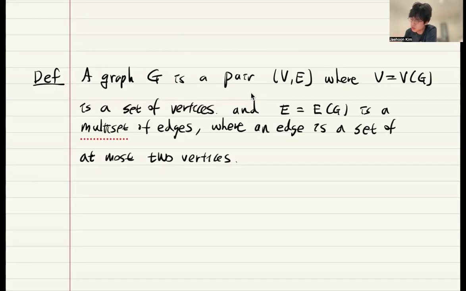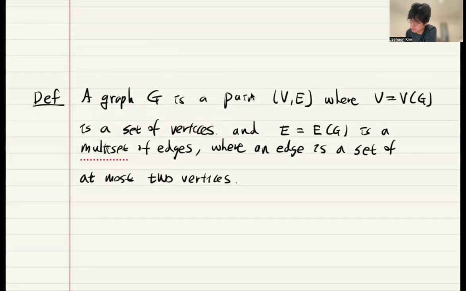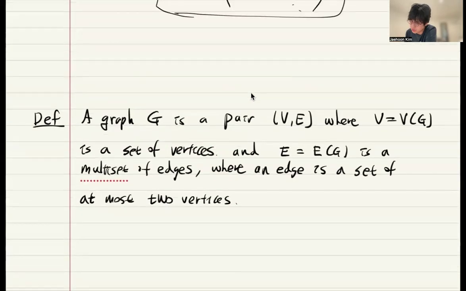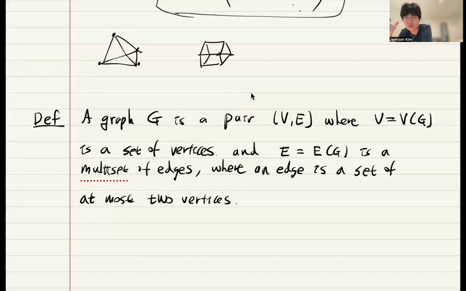So this naming of vertex and edge comes from the usage of graphs. In many cases, we consider things like a tetrahedron or a cube, this kind of polyhedra. When we draw these polyhedra on paper, what we get is a graph, with dots and lines between them.